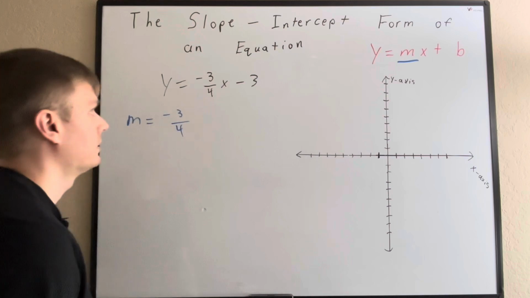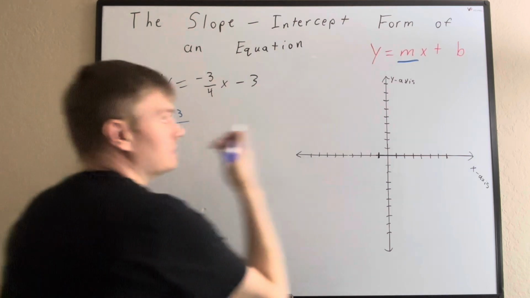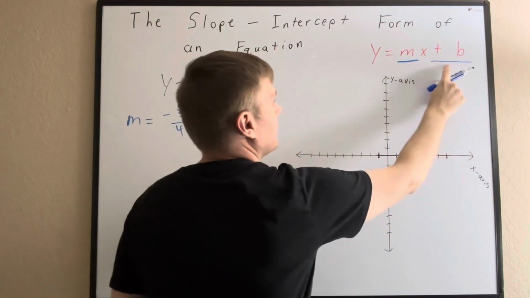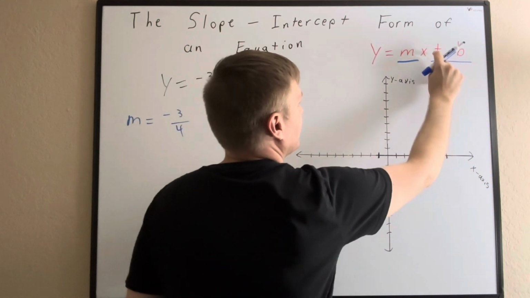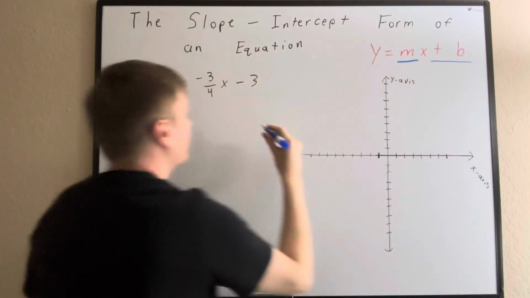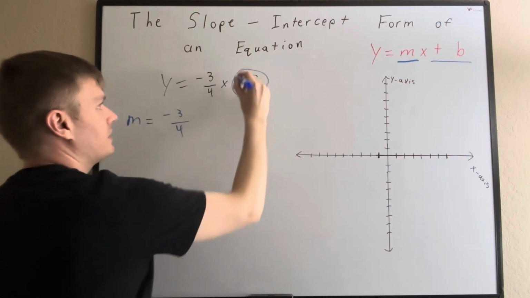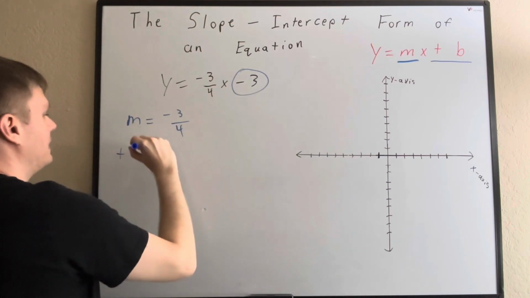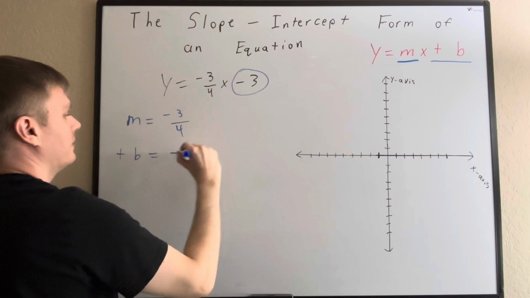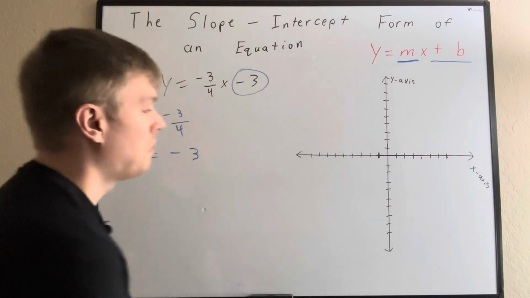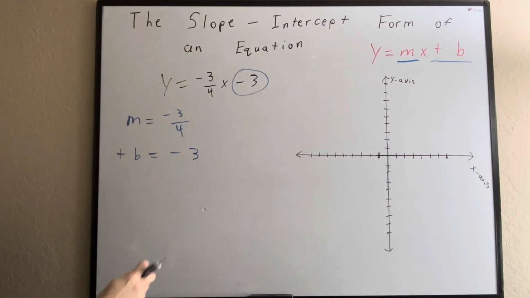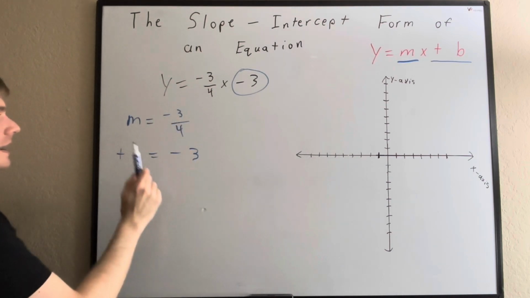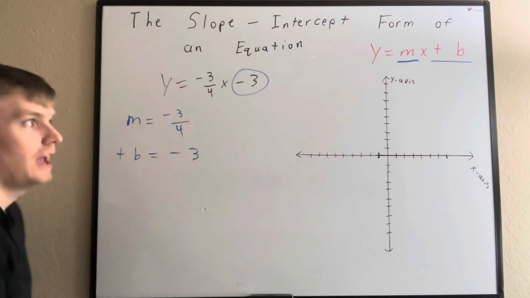What's the y-intercept? Y-intercept is this part, the b part. Now, I have this long line here because I'm also including the sign. The sign is very important, especially when it's negative. So that positive b there turns out to be -3 in our example. So we have a line with a slope of -3/4 and a y-intercept of -3.